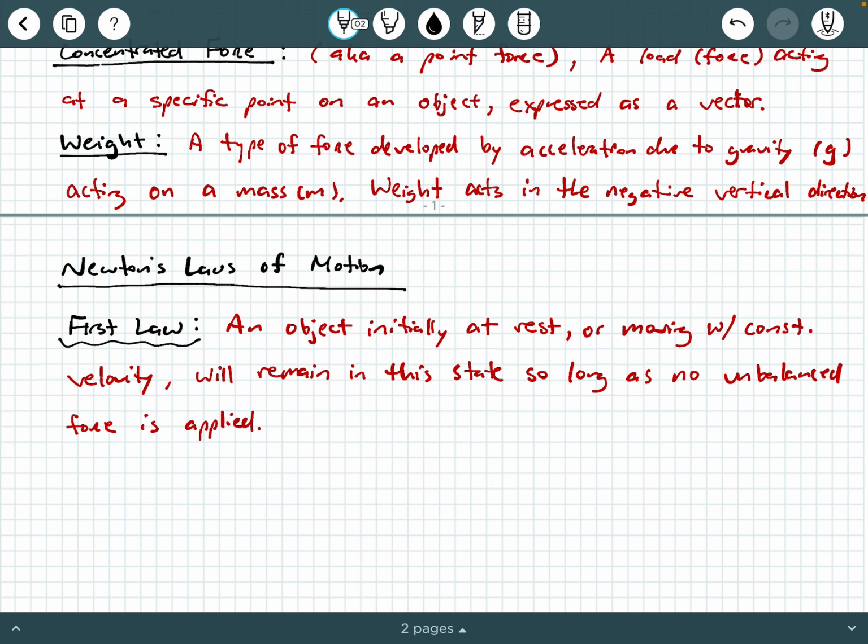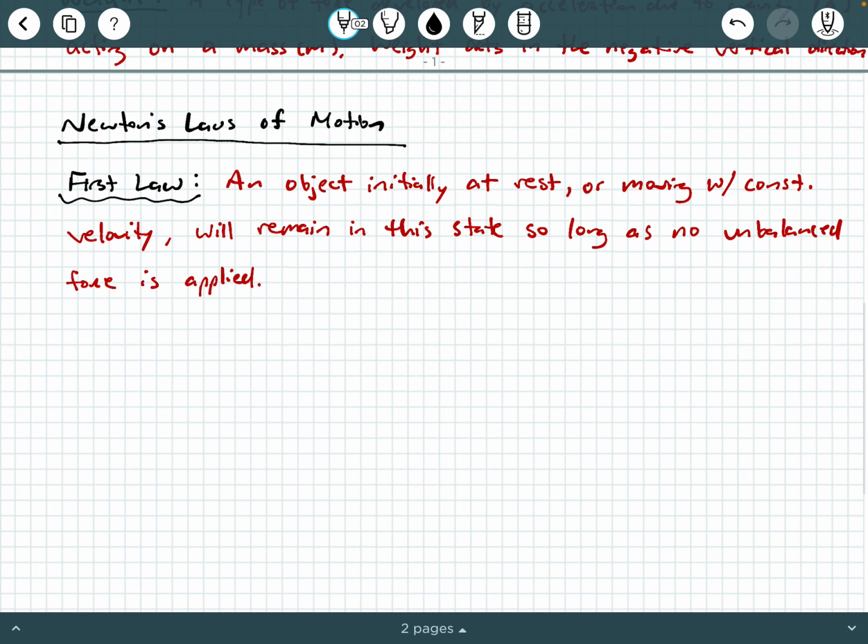So that's Newton's first law. What about Newton's second law? Let's write this down. Again, if you want to try to remember it on your own, pause the video right now.